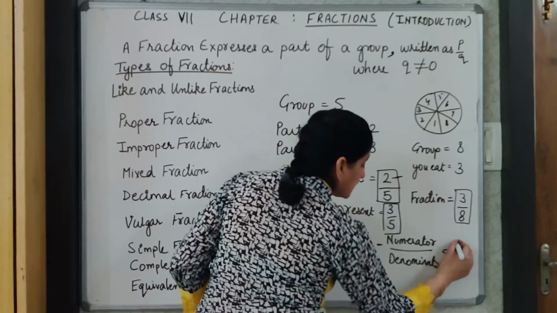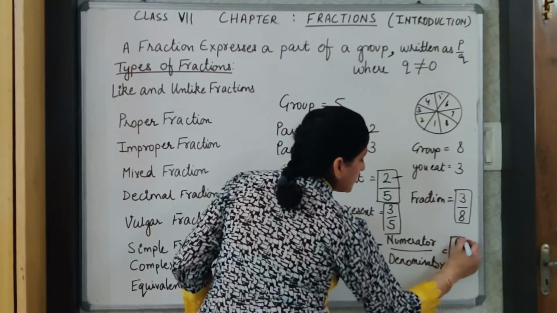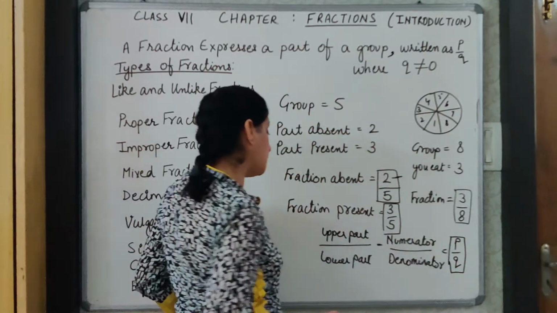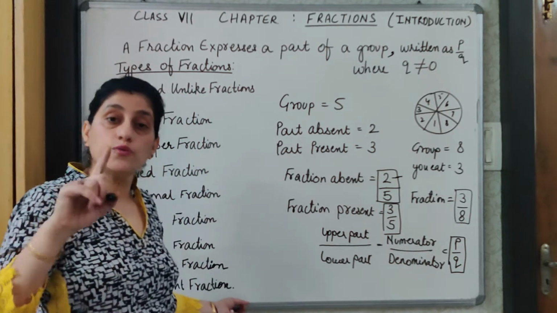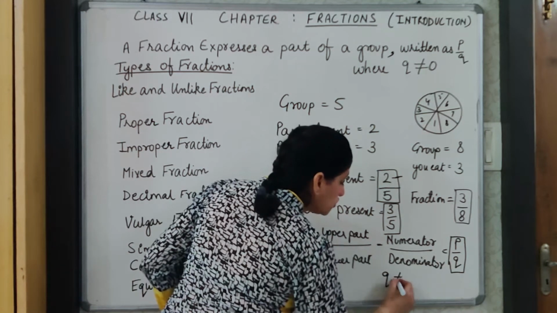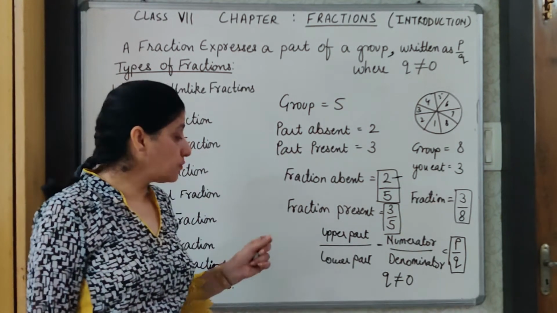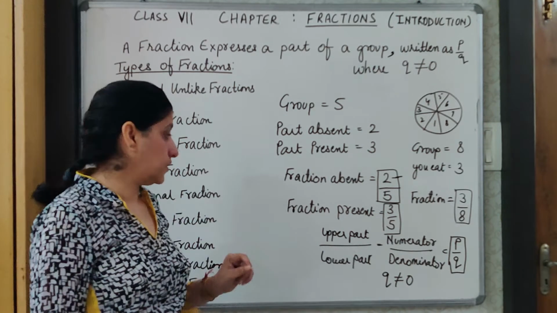Suppose my numerator is P and denominator is Q. Then we say a fraction is expressed in the form of P upon Q. But one condition applies to it, that Q should not be equal to 0.